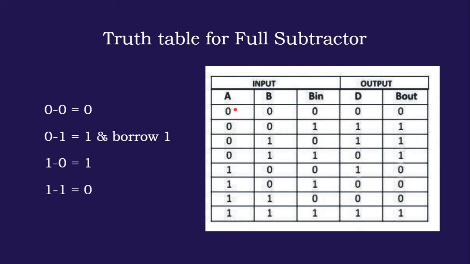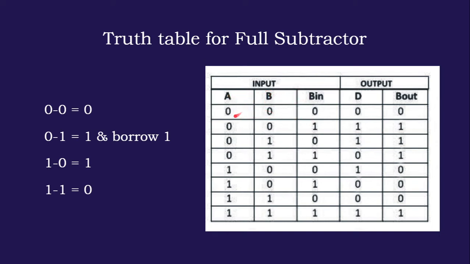So we have to form the three variable Karnaugh map. We first form the truth table with the three inputs having 2 power 3, which is 8 combinations, with values from 0 to 7. First you fill in the input values A, B and the borrow in.